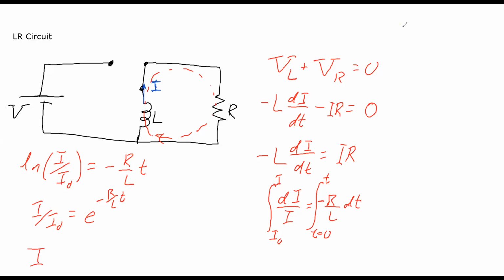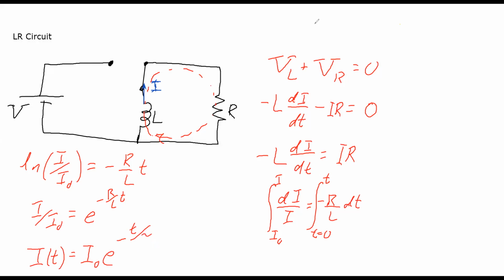Solving for I, my current as a function of time is going to be your initial current, I0, times e to the minus t, and I'm going to write it like this, L over R. The reason I write it like that is because usually you'll see a substitution instead of L over R, called tau, which is known as the time constant.